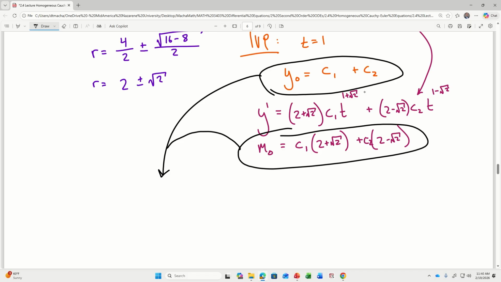what we can do is take this equation minus 2 plus square root of 2 times this equation. And that way the C1s cancel.